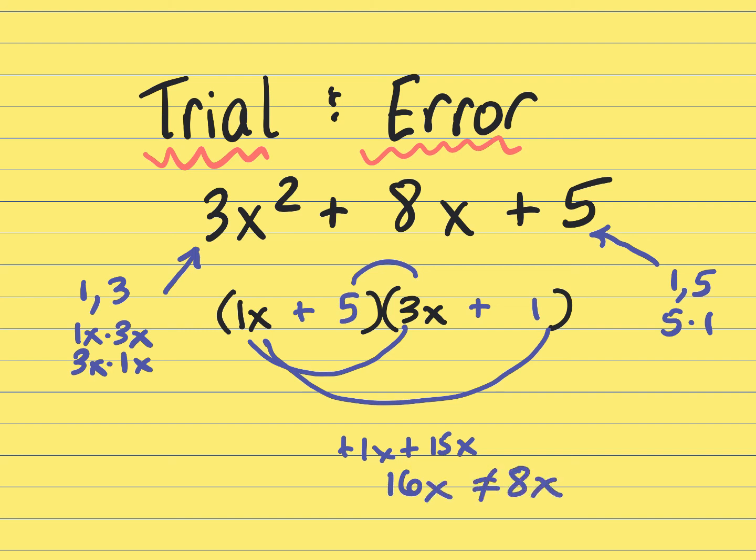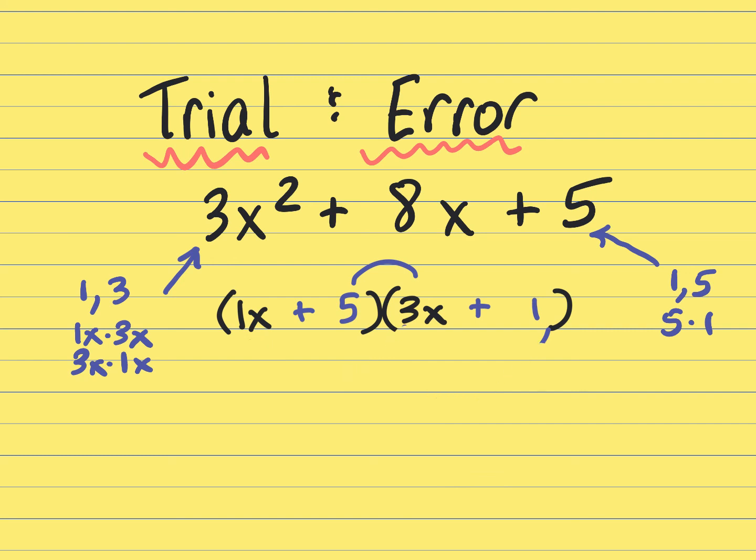So what I would have to do now is reverse my order because, like I said, the only ways to make 1 and 3 would be either 1x times 3x or 3x times 1x. Same with the 5 and the 1. I can only reverse one of them, otherwise I have the exact same combination that I started with. So I have my eraser and I'm going to say, well, let's reverse the 5 and the 1. Let's make it 1 and 5.